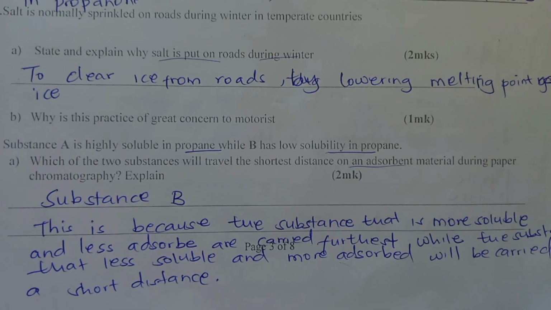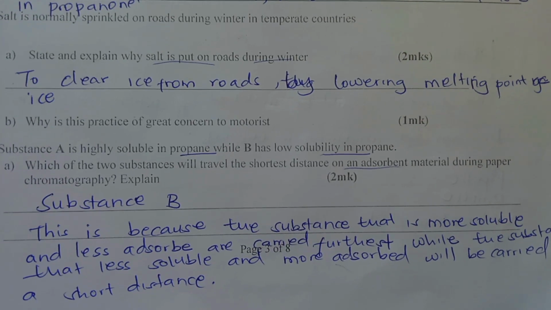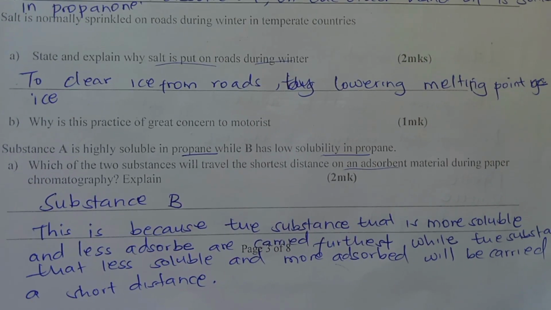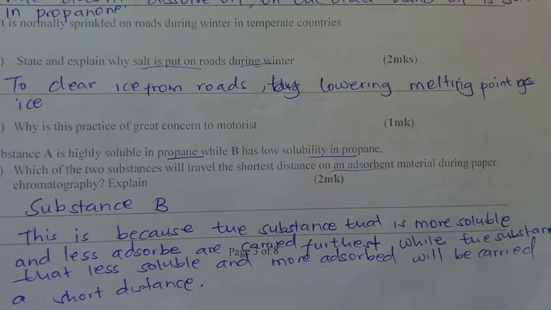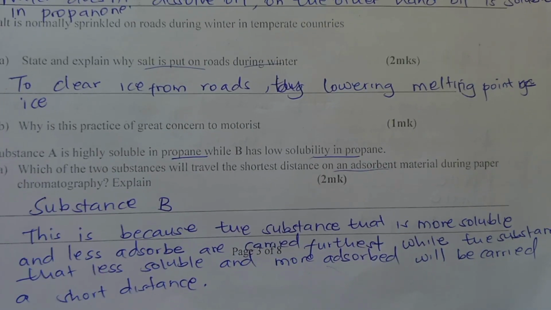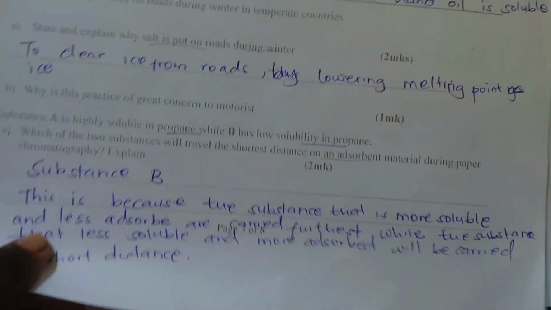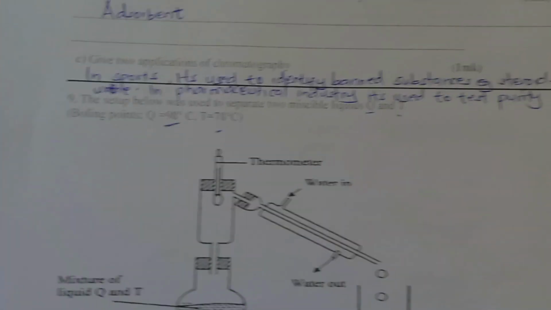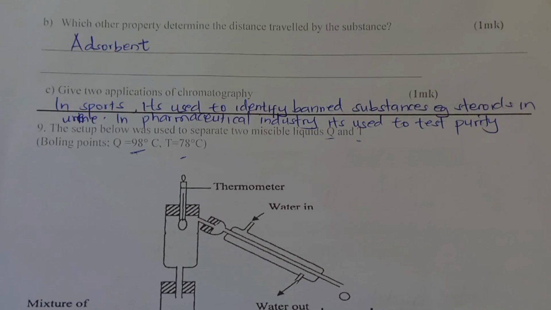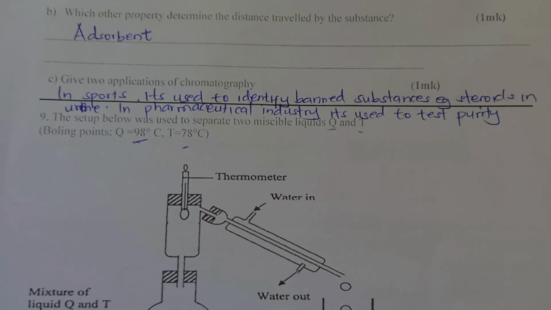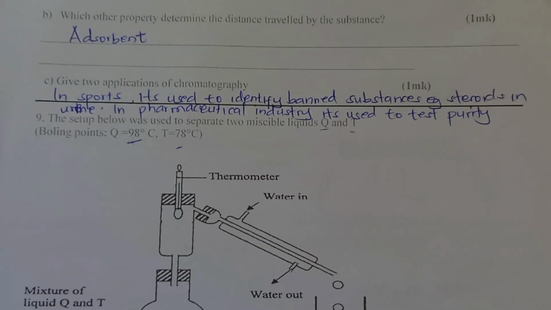This is because the substance that is more soluble and less adsorbed is carried furthest, while substances that are less soluble and more adsorbed are carried a short distance. The next question: which other property determines the distance traveled by the substance on the adsorbent material?